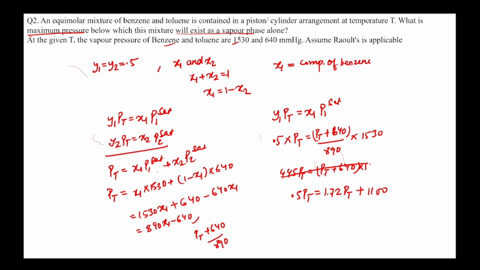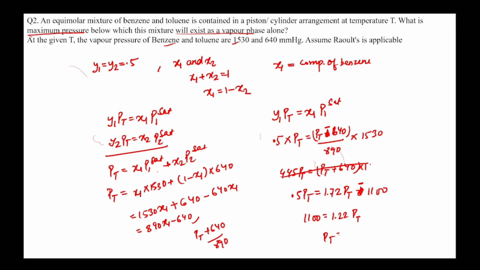Oh, this will become plus. This will be minus. So it will be minus here, not plus. So minus 1100 is equal to 1.22 PT.